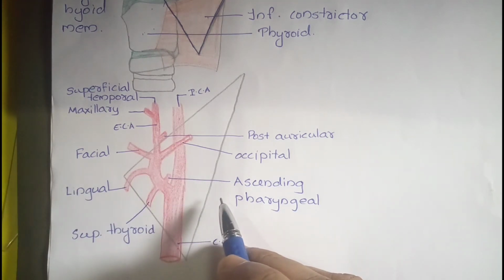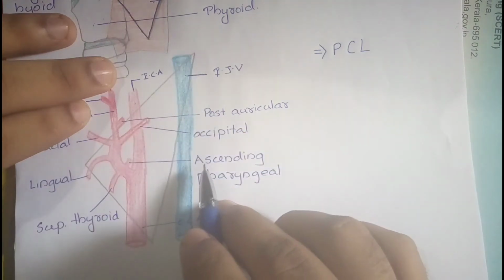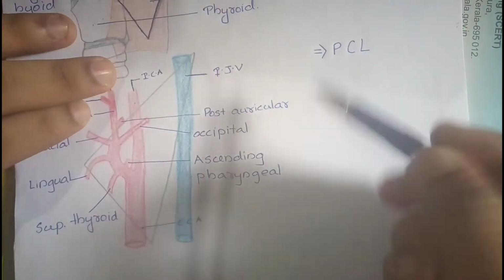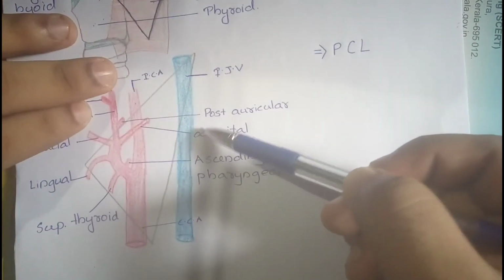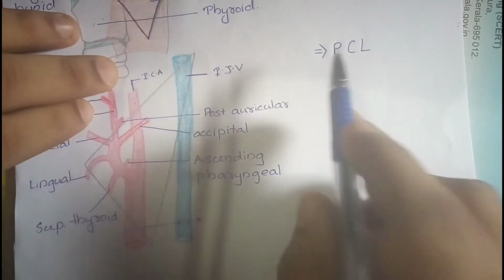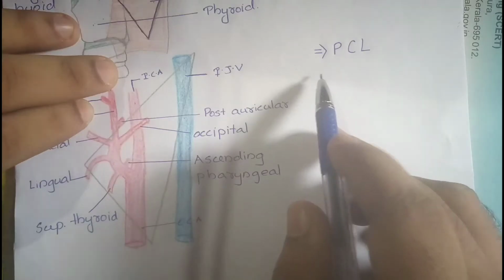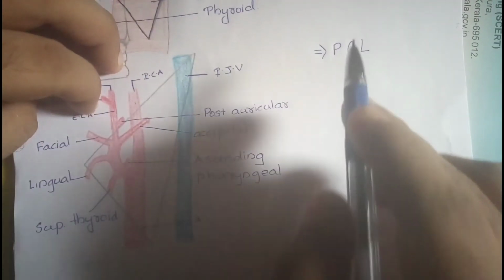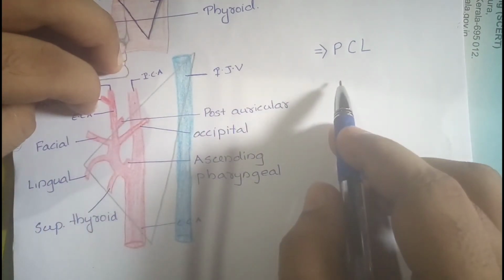Now for the venous component of the carotid triangle, this includes only the internal jugular vein, and some veins drain into the internal jugular vein. This can be remembered by the code PCL, which gives the idea of which veins drain into the internal jugular vein.